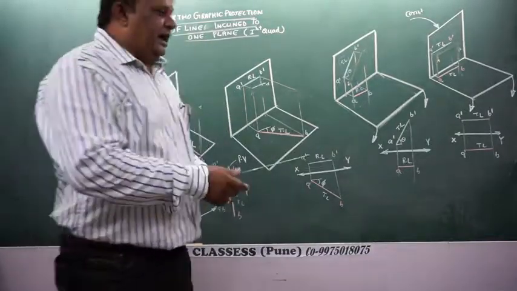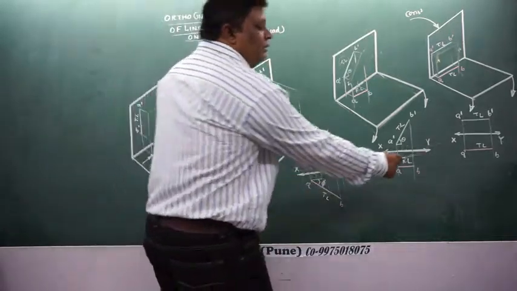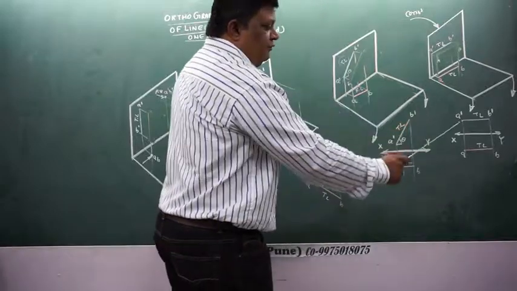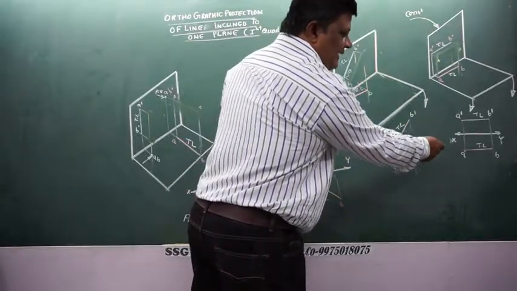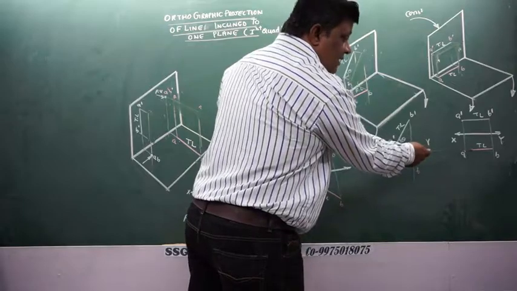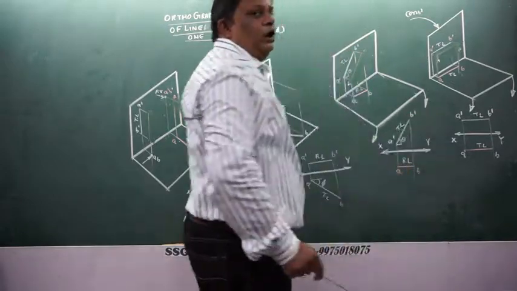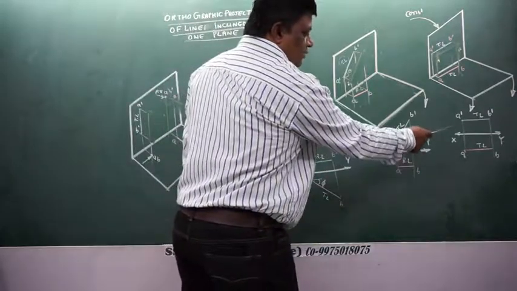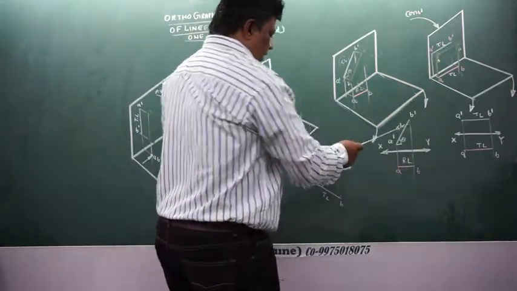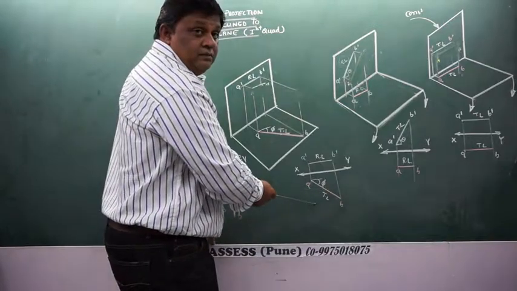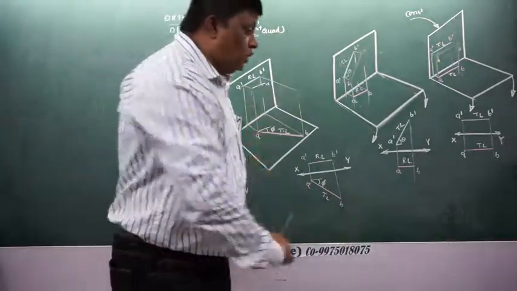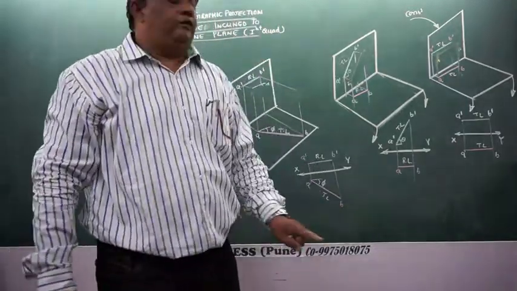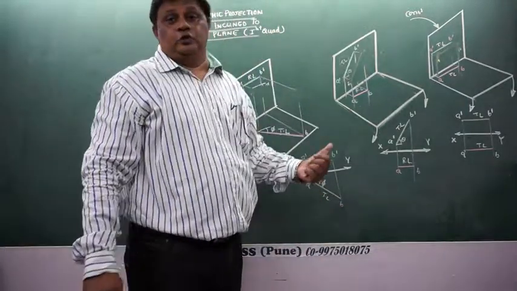That is, if a line is parallel to some reference plane, if a line is parallel to XY line, then its other view will always be of true length. Parallel, true length. If the line is not parallel to XY line, its other view will never be of true length.